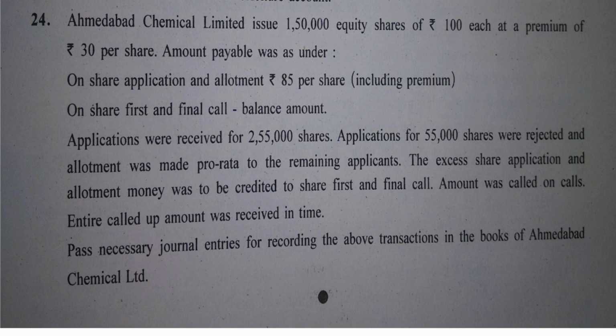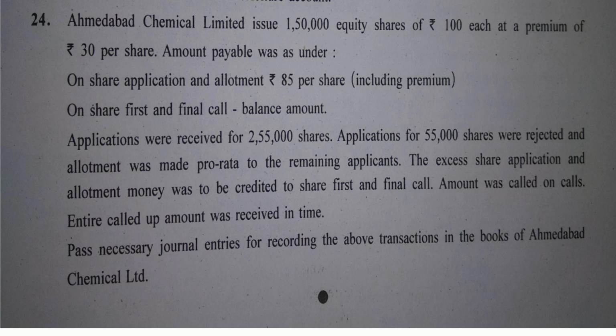Out of 100 rupees, 55 rupees is here for application and allotment. So what is the balance amount? ₹100 is the face value, 55 is with application and allotment, so obviously the remaining amount is with first and final call.